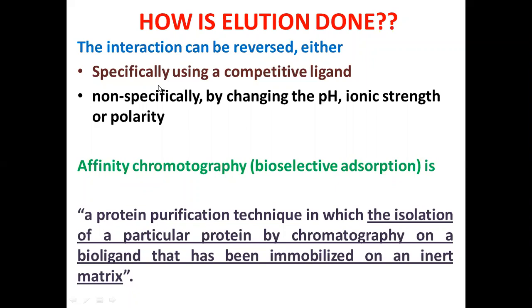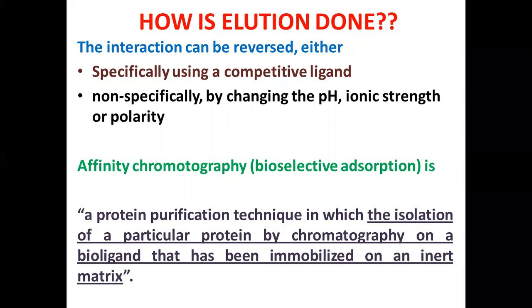Number one is specifically by using a competitive ligand. One bioselective ligand is attached to the matrix, and let us pass another ligand in such a way that the solute molecule which has shown the interaction with the previous ligand can interact with the secondary ligand, which we are using as a specific ligand, in order to reverse the interaction between the primary ligand and the solute molecule or the protein.